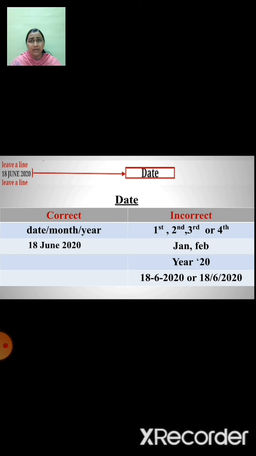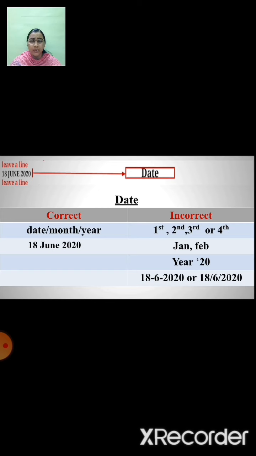For example, if you are writing the month June, you will write JUNE and not JUN. That will be a completely incorrect method. Do not write an incomplete year or shortcuts, like just writing 20 instead of 2020.